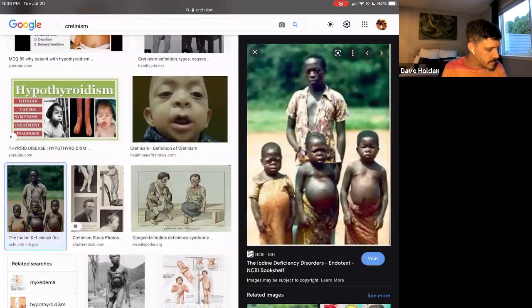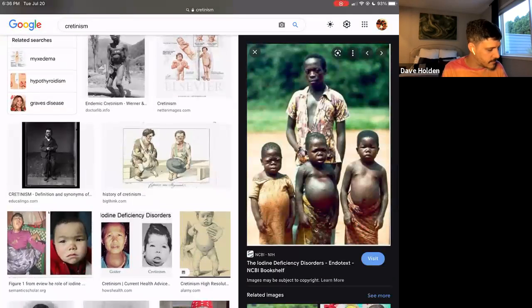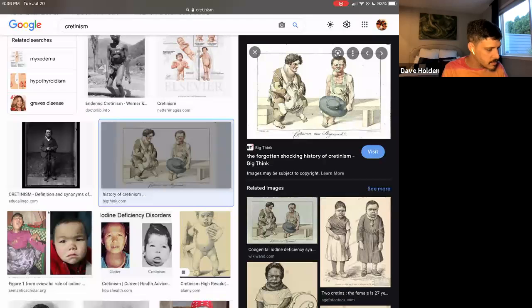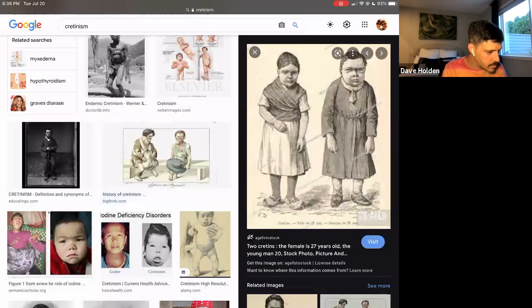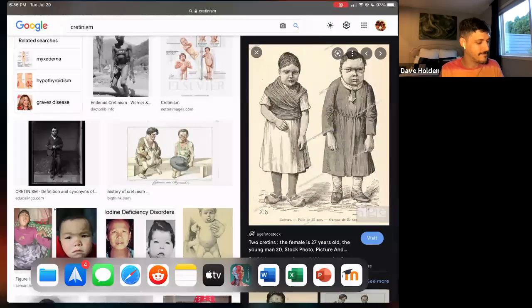Yes, and dwarfism and cretinism are different things. Two cretins, the female is 27, the man is 20. Thyroids, man. They will screw you up.